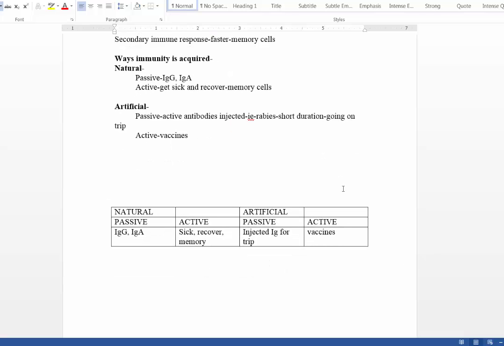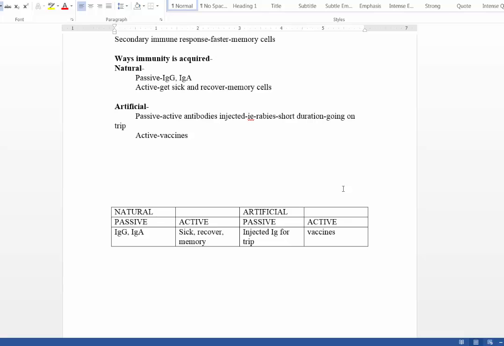Now, there are different ways to acquire immunity. It can be naturally or it can be artificially. Naturally means that you got sick and your body got you well. That would be naturally active immunity. It can be naturally passive immunity when, for example, mom who is breastfeeding has passed on her antibodies to her baby.